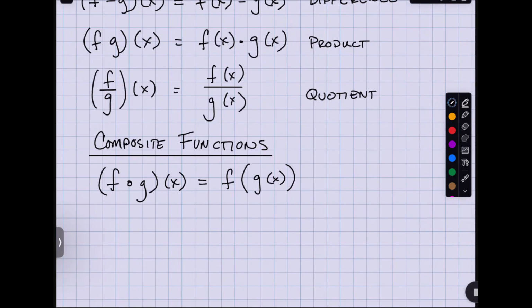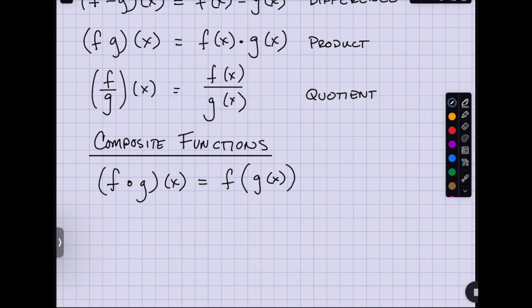It's not addition, multiplication, subtraction, or division. Composite, the way I look at it, is like the human centipede. So notice that the dot here is an open circle. The problem is going to be on your homework assignments and the lab work and the exam, the dot is so small that you're not sure if it's filled in or not. So you're like, is that an open circle? Is that composite or is it a combination? If you look at the direction, it's going to tell you. Do the composite of. Then you know that is an open circle. So the direction is going to tell you if it's a composite or not.